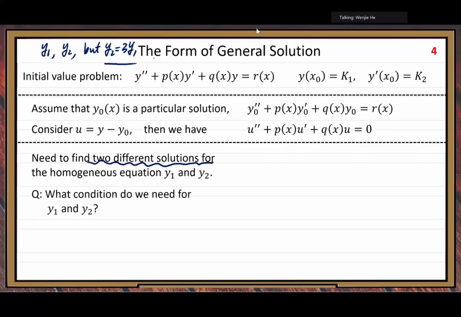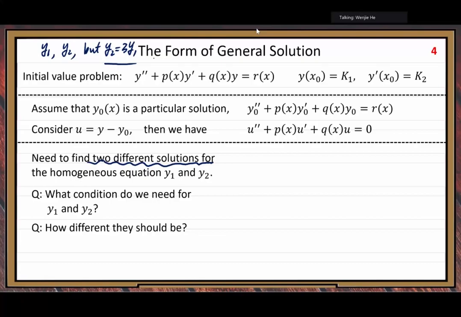So here, what conditions do we need for y1, y2 in order to make our general solution cover all the possible solutions? How different they should be. You said different, right? But that kind of difference is still too small.